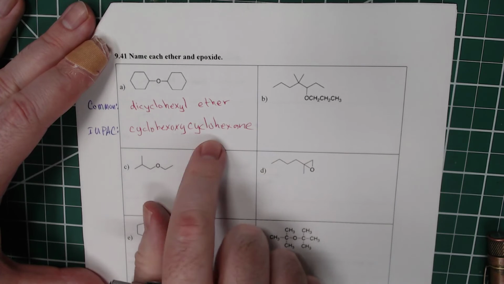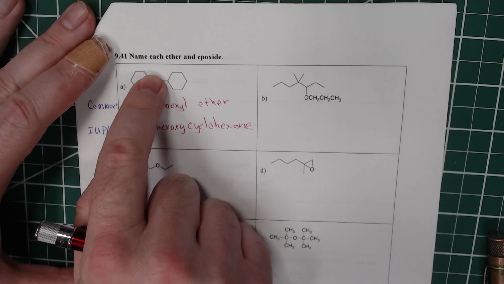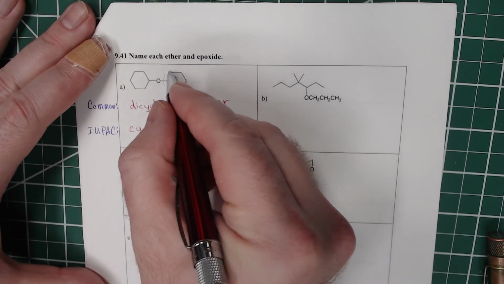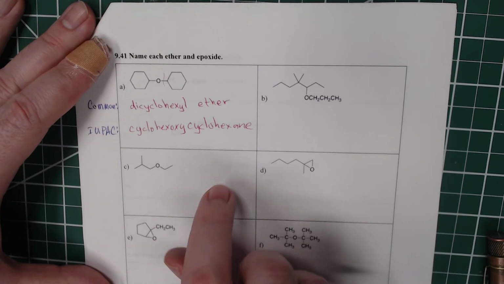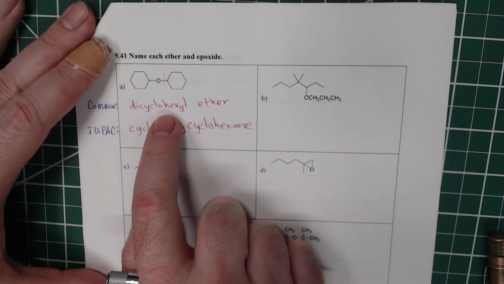And there is no space in between those two components. So the cyclohexoxy would be this part, and the cyclohexane would be this. So it's a cyclohexoxy on a cyclohexane. Most commonly, you're going to see the dicyclohexyl ether as the name for this.